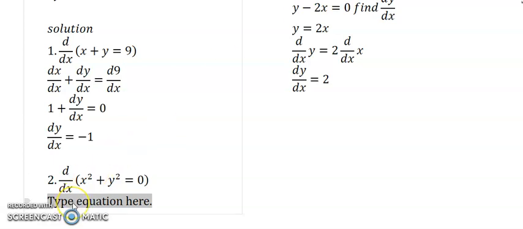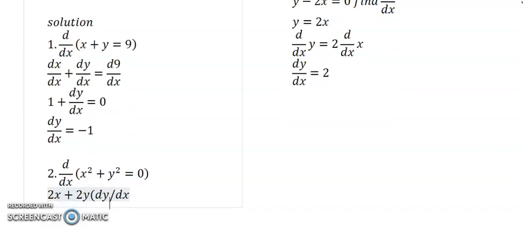To solve this one, guys, we're going to do it like this. The derivative of x squared will just give us 2x, plus the derivative of y squared will just give us 2y times dy over dx.